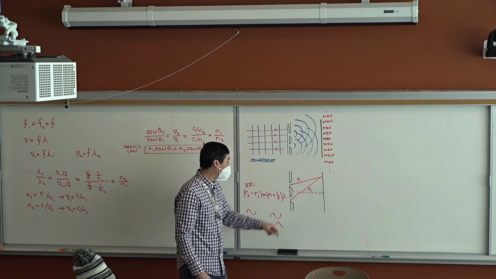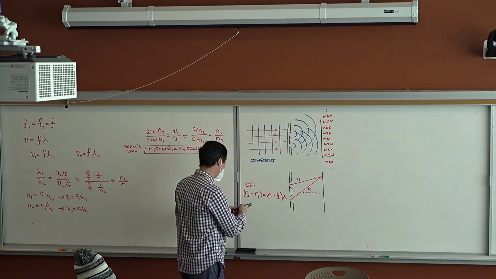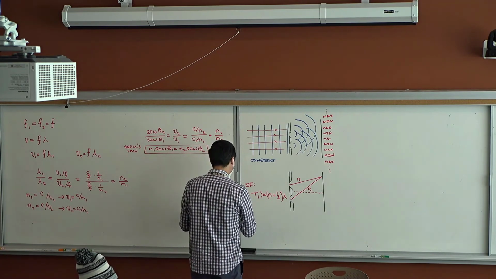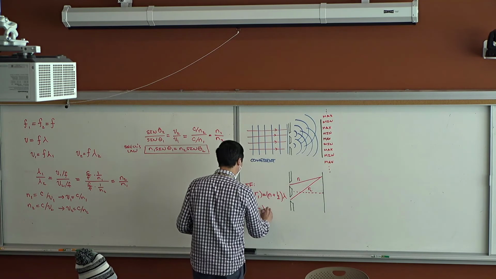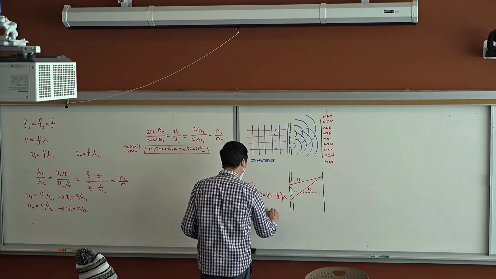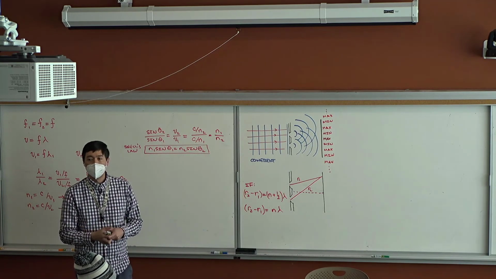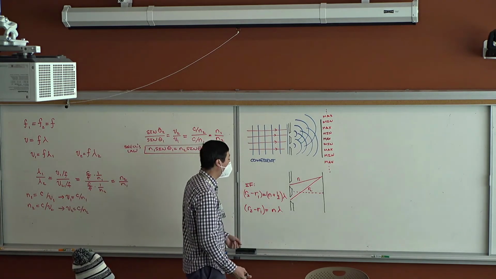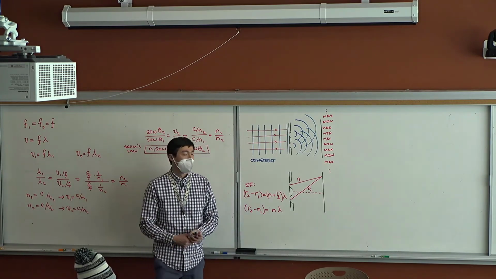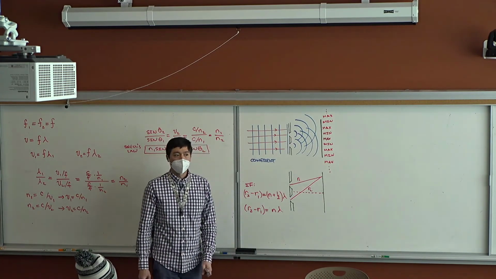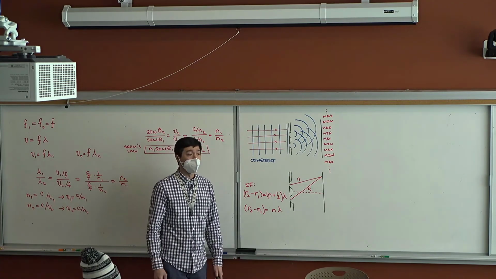But then if I keep going, such that R2 minus R1 is equal to n times lambda, what will I get? More constructive. They started out in phase, they're going to wind up in phase too. Yeah?